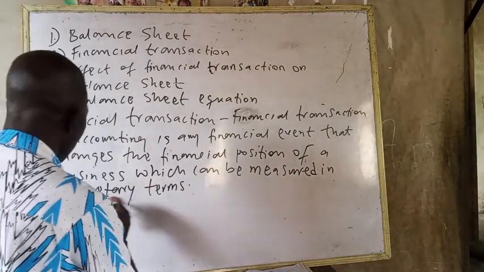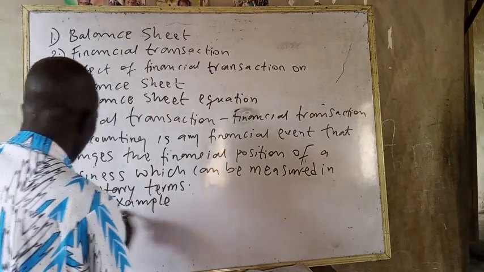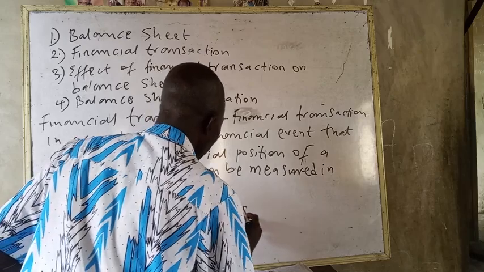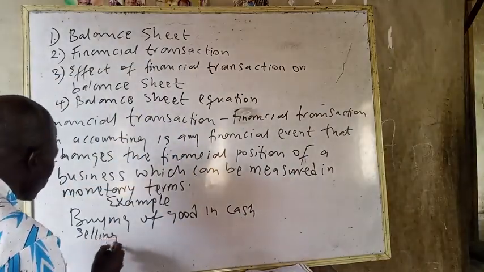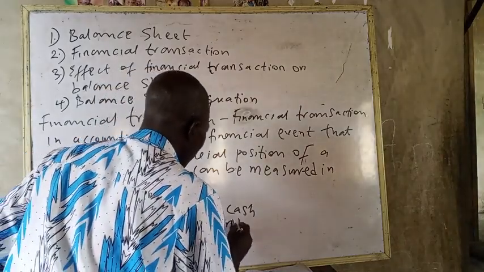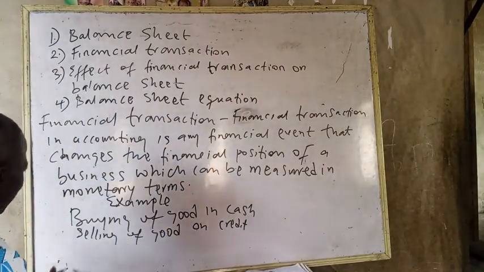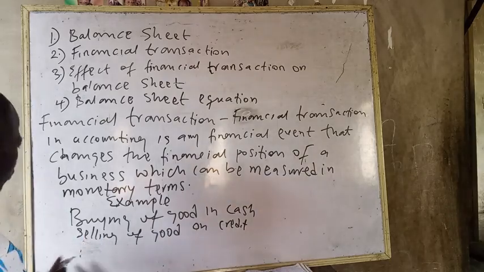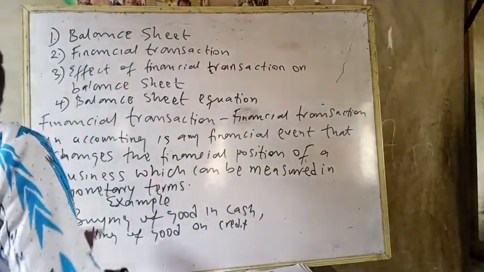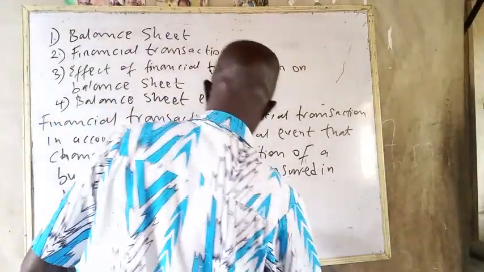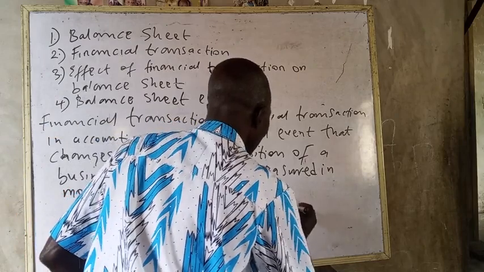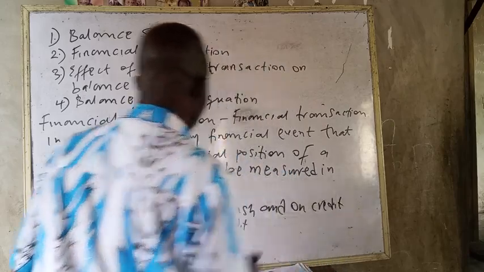And I give an example of it. Example: buying of goods in cash and on credit.